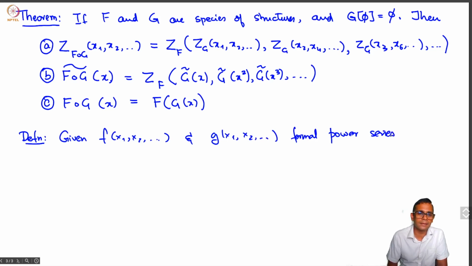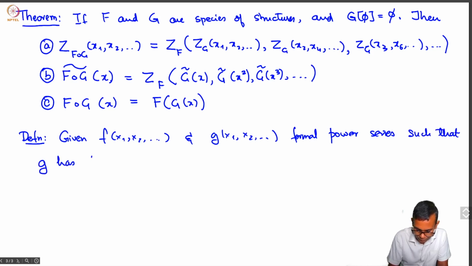If you look at last week's practice assignments, I have given you some more details about how we should think about these formal power series. And you assume that g has trivial constant term. Constant term is 0. That means the coefficient of 1 is 0.